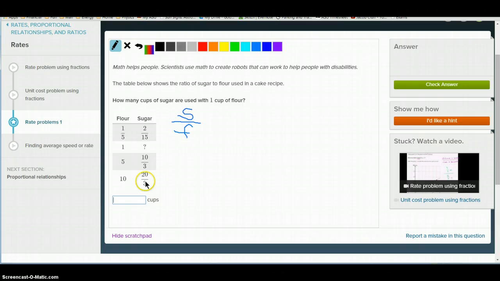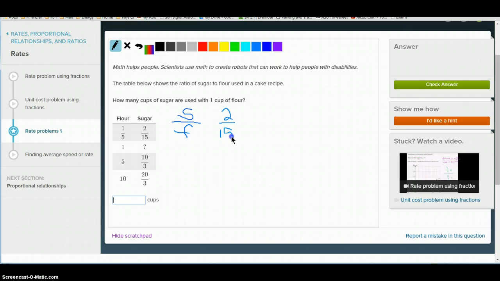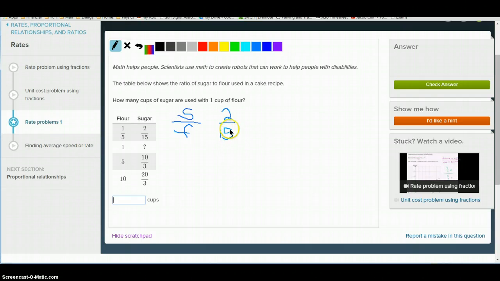So for sugar, let's see if there's the easiest one. I don't think it really matters. So we have 2/15 for sugar, and that's going to be divided by the flour, so divided by 1/5.